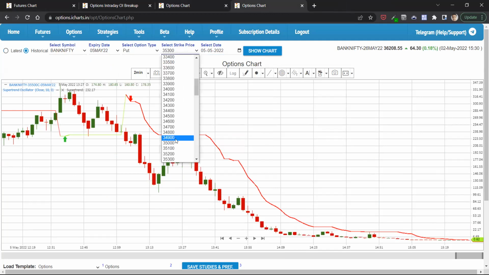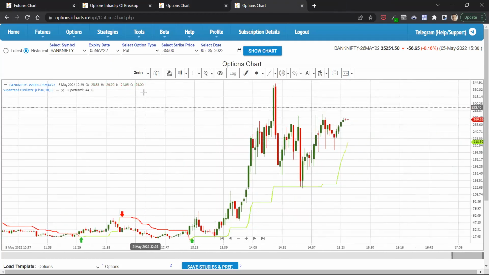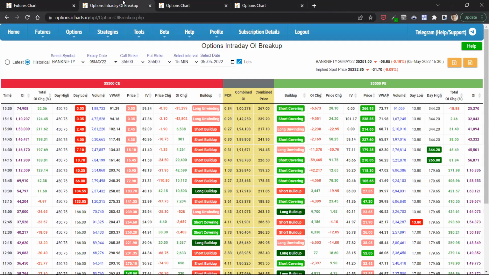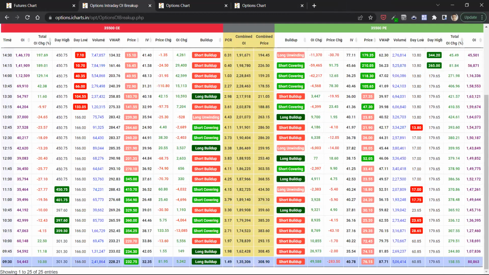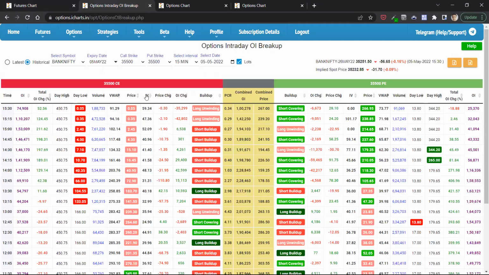Put 35.5. So initially I'm taking the 15-minute close at 35.5, or rather, it was 35.7 actually. Sorry, it was 35.7. So I'll have to go for 35.7.